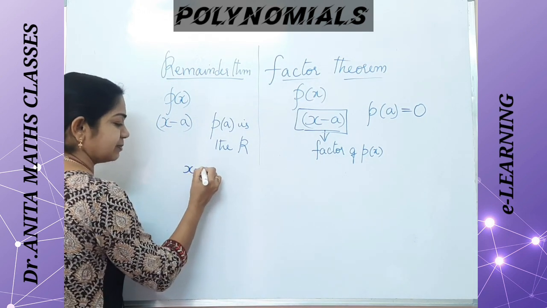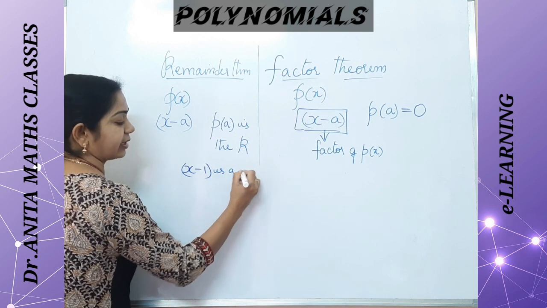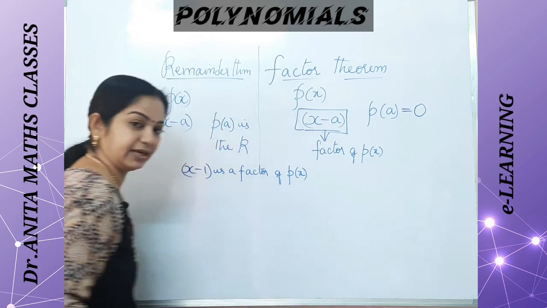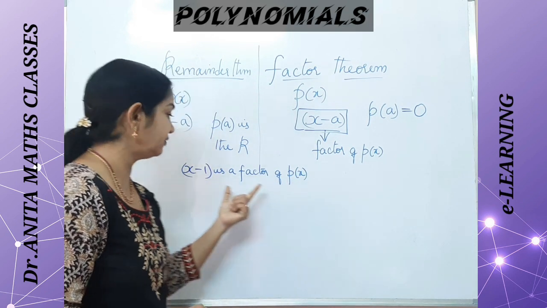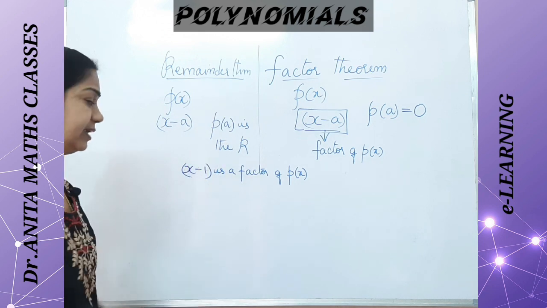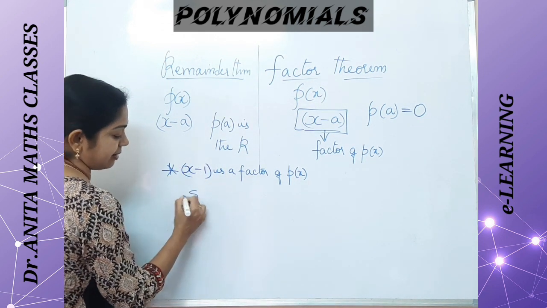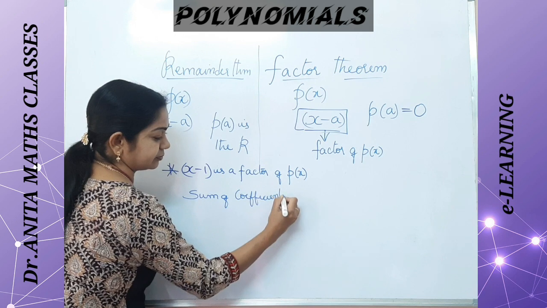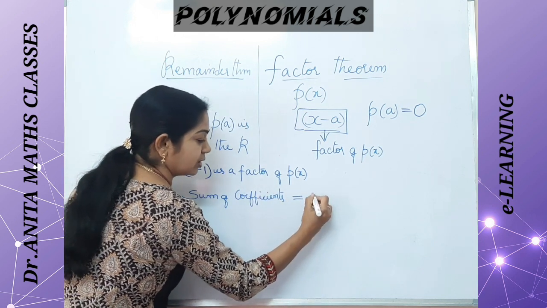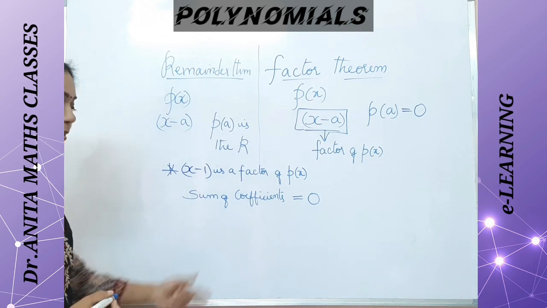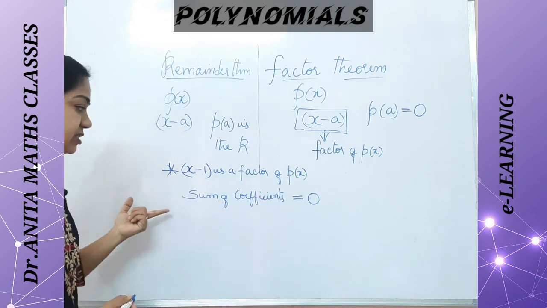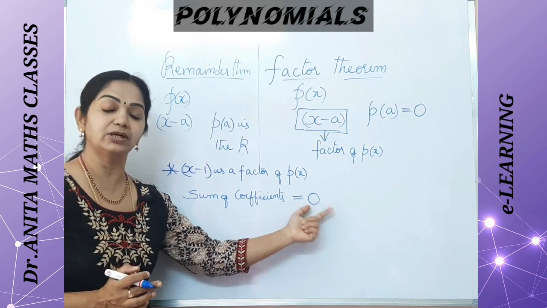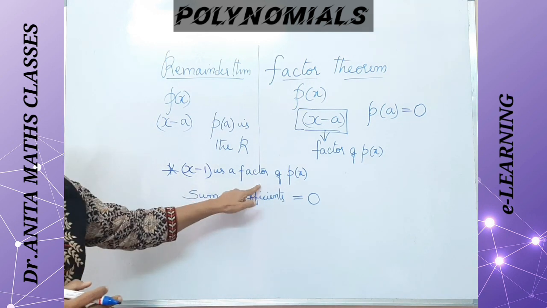If I tell you x minus 1 is a factor of a cubic polynomial p of x, then the condition is that the sum of all the coefficients of p of x must be equal to 0. If that sum of the coefficients is equal to 0, then x minus 1 is said to be a factor.